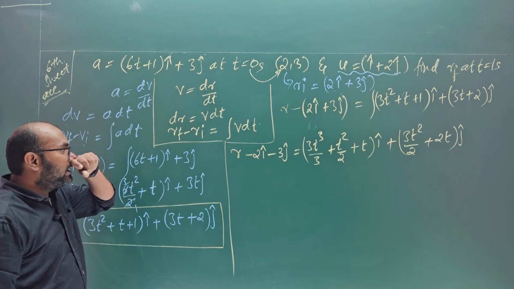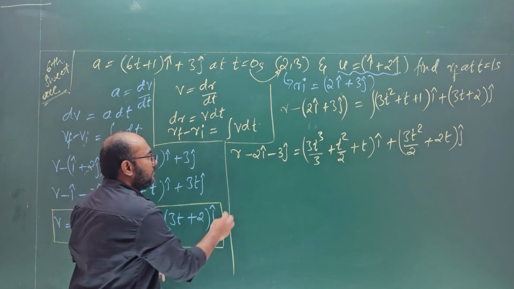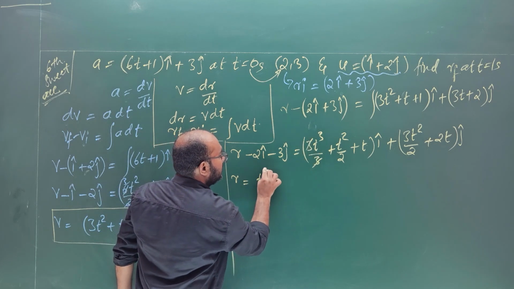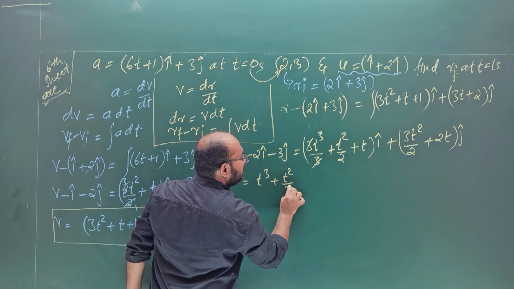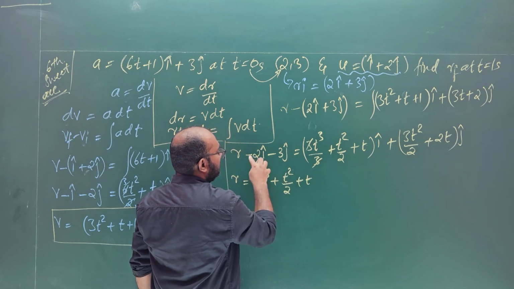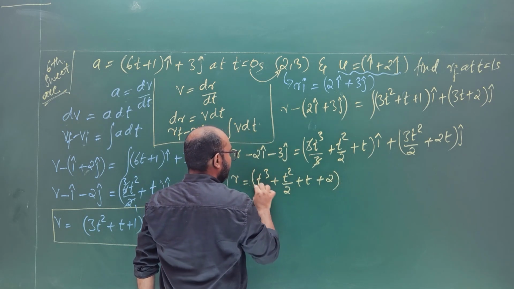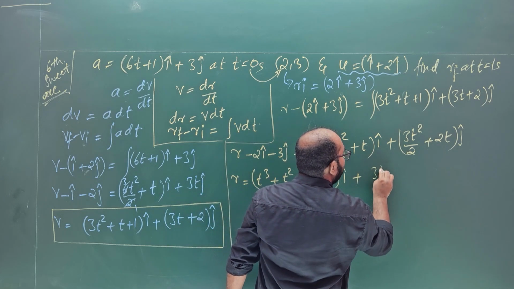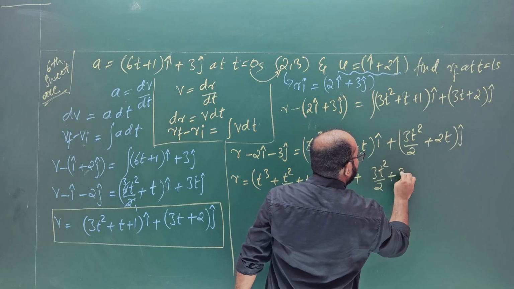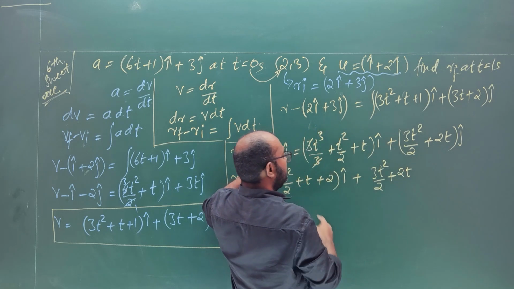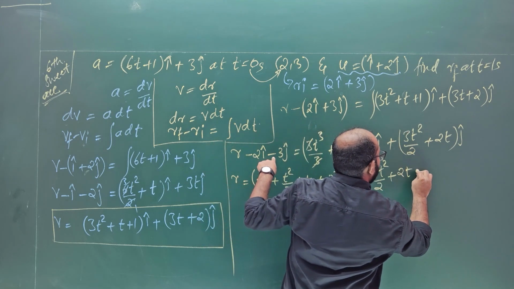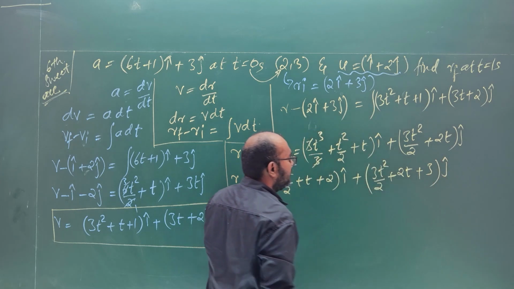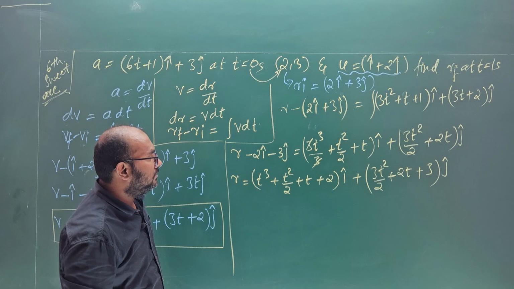Now, taking 2 i cap and minus 3 j cap on that side, r is equal to t cube plus t square by 2 plus t, plus 2 i cap, plus 3t square by 2 plus 2t, and taking the 3 j cap on that side, plus 3 j cap. Anything cancelled? Nothing.